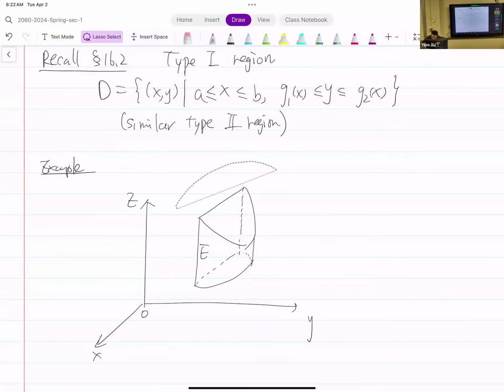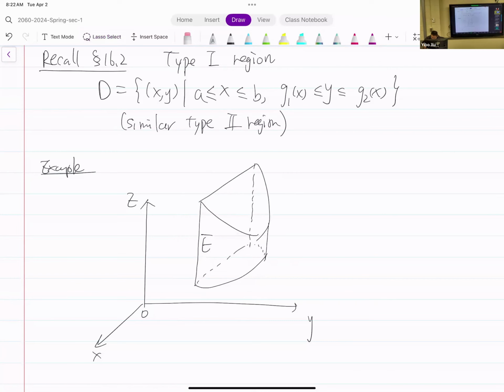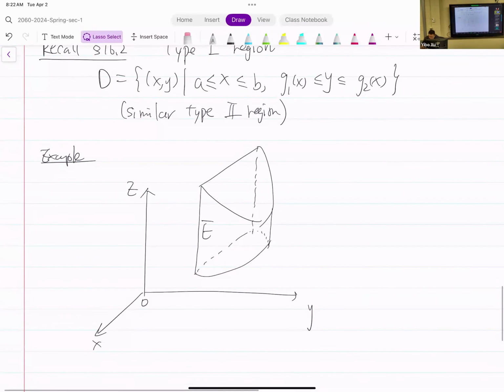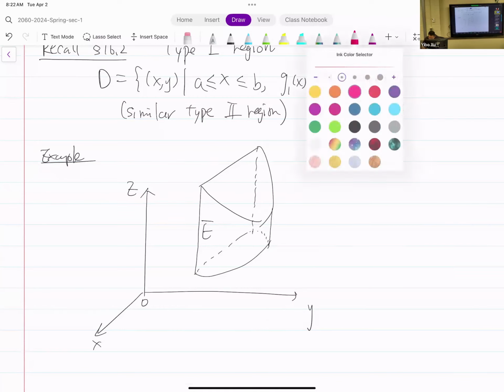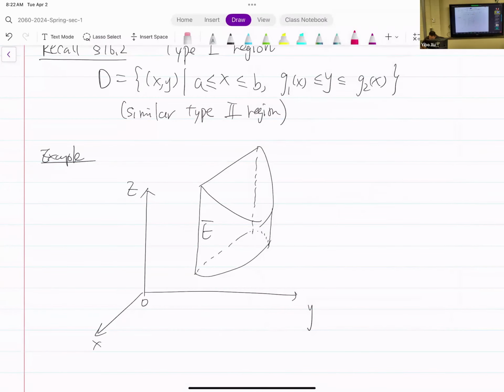I probably want to make it a little bit larger. So basically, what do you see here? Here I just mentioned that the surrounding surface is actually cylindrical in the sense that they all follow this vertical direction. Okay, so that's for the surrounding surface.